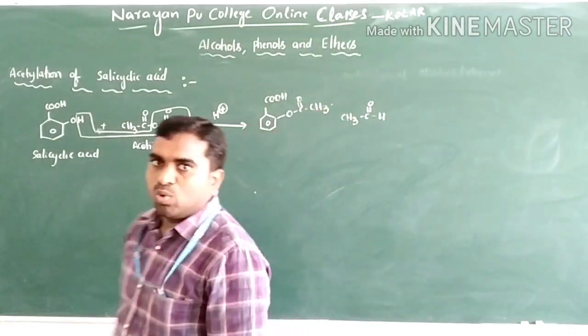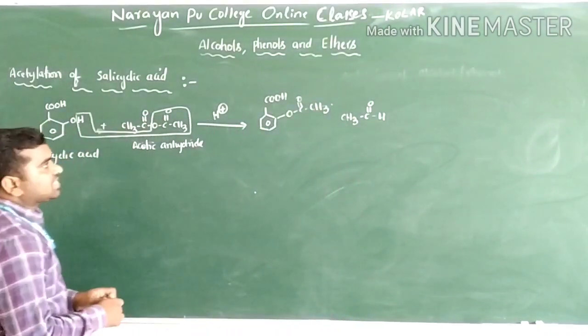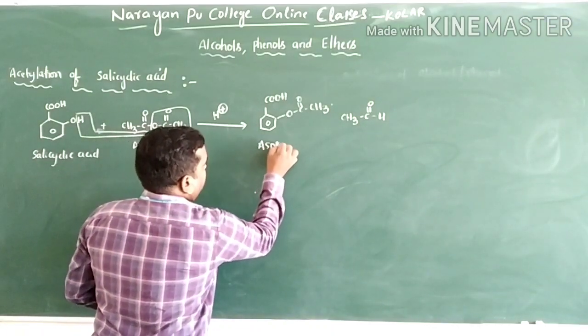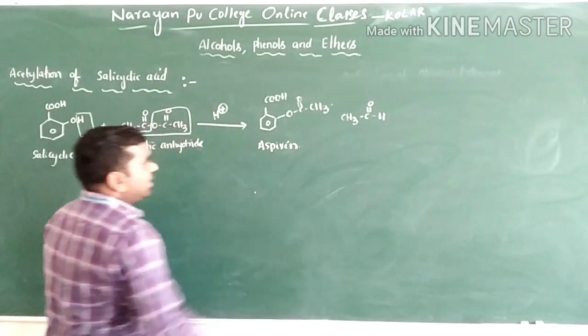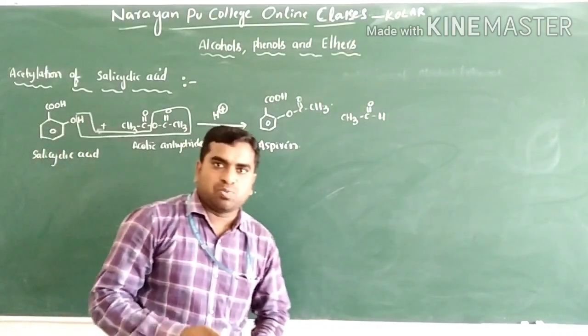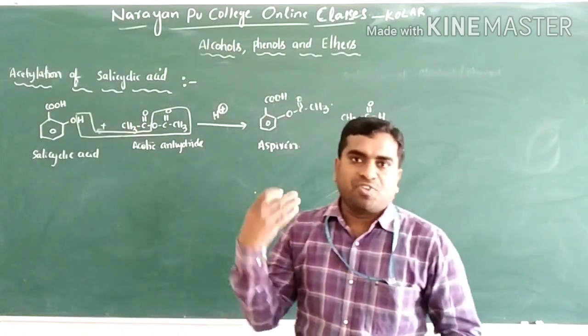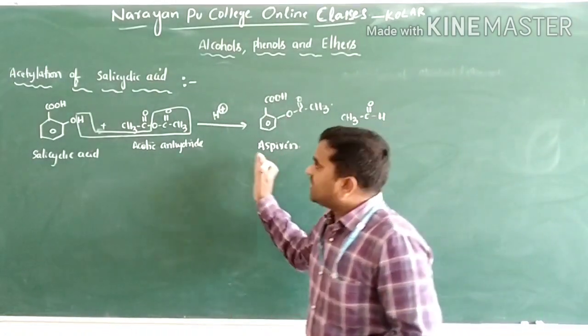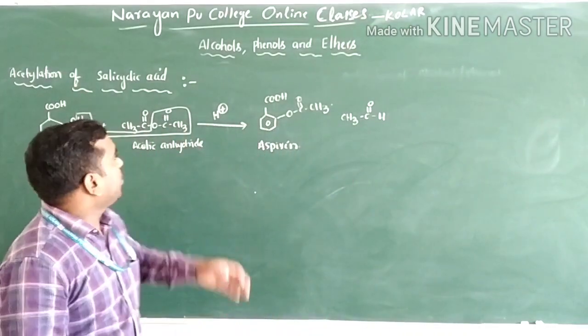This compound we consider as aspirin. It is a drug which is used for reducing fever and also to relieve body pains. And this is the acetylation of which one here?